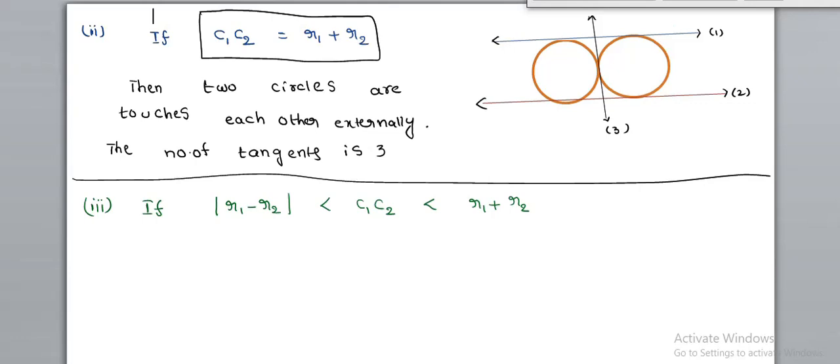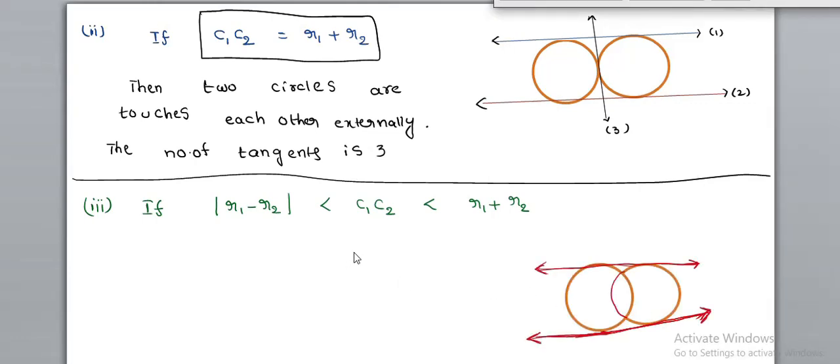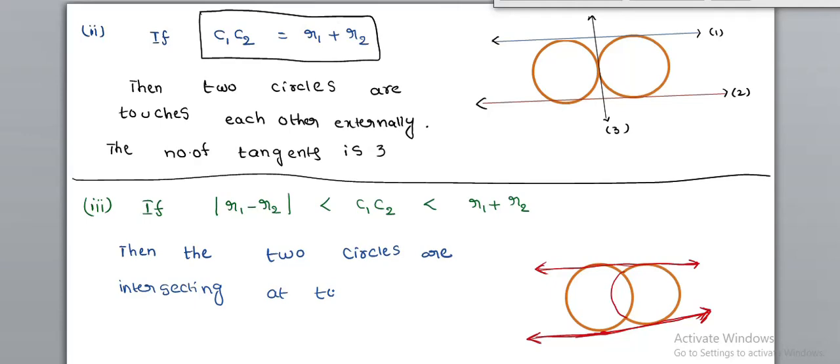Okay, observe the diagram. In this diagram, observe, the two circles are intersecting at 2 points.